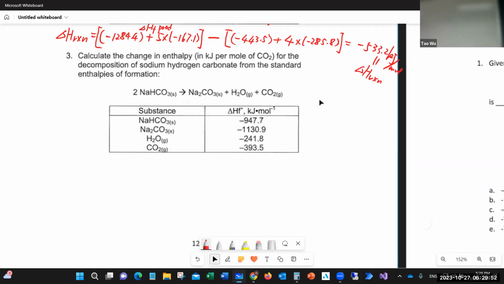And when you solve the problem, you need to be careful about the negative sign. The negative sign helps when you do the calculation.